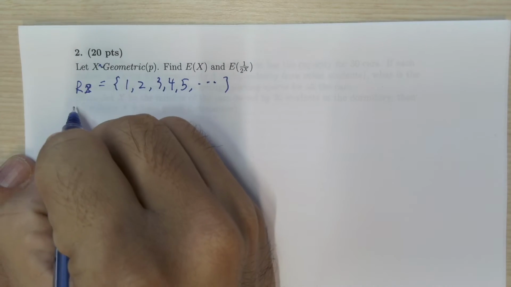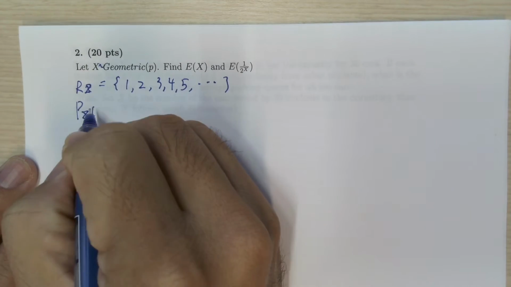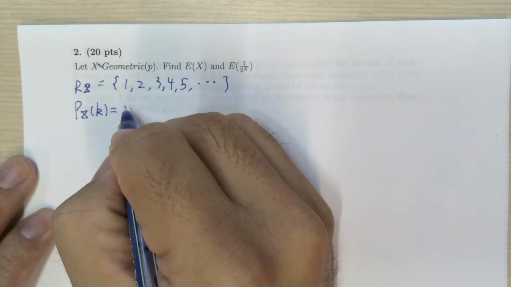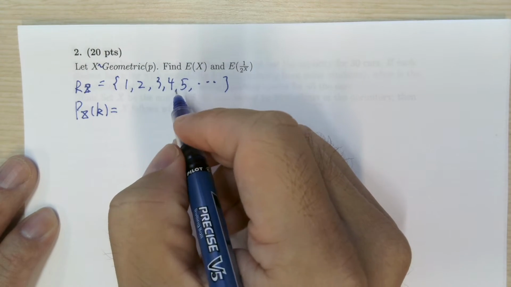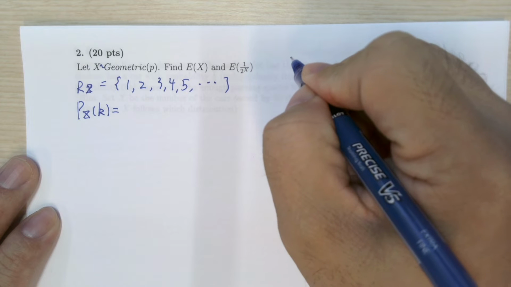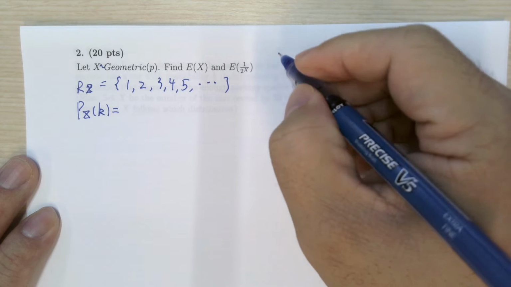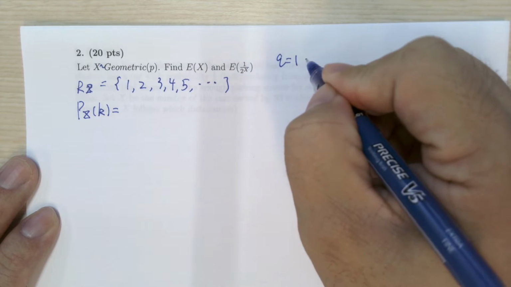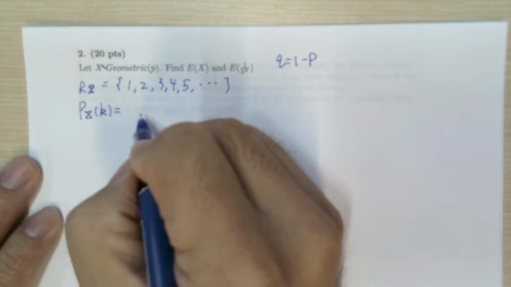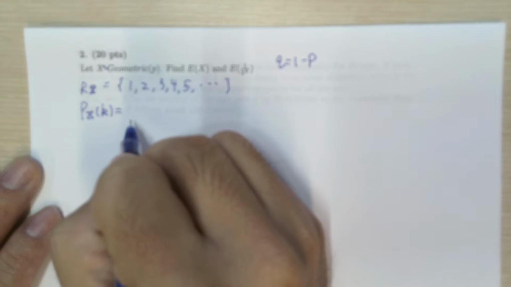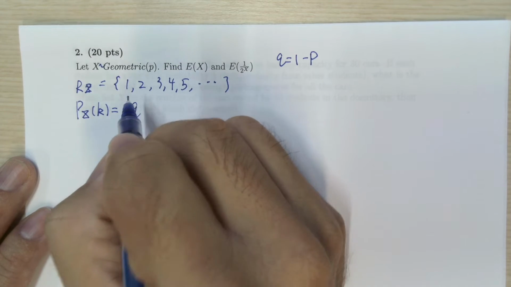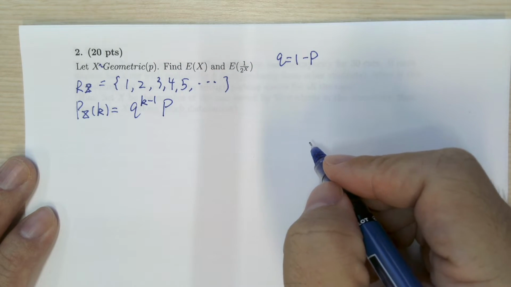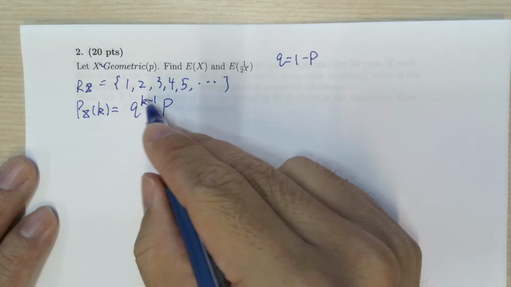And also the PMF is going to be, well, let's see, if p is the success probability, let q be 1 minus p. So this is going to be q^(k-1) times p, and of course k is from 1, 2, 3, 4, 5, and so on.